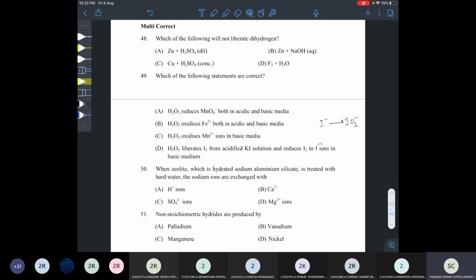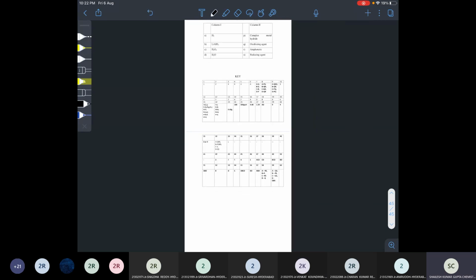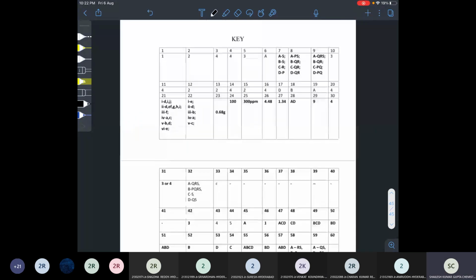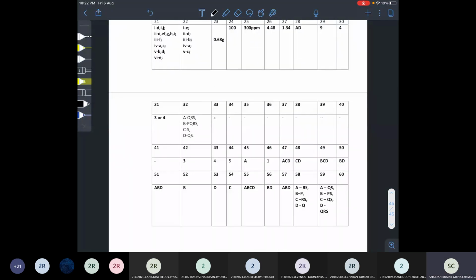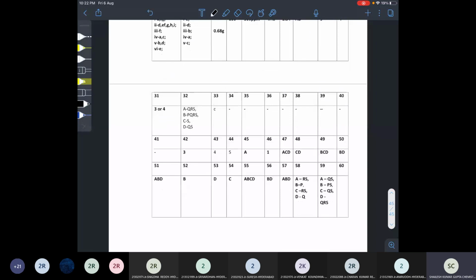What's the key given for it? 49th? BCD, sir. Sorry? B, C, and D. D is quite doubtful. Just check it out once again. 49. Let me check. BCD. Oh my god.